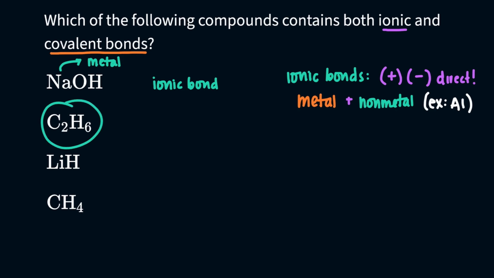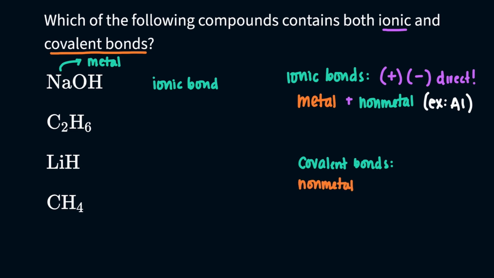I go down to here, carbon and hydrogen. Well, both of these, carbon and hydrogen, are nonmetals, and by definition, covalent bonds. Of course, I don't want to say that it doesn't have exceptions, but for the most part, anytime you have a nonmetal plus another nonmetal, it's going to be covalent.